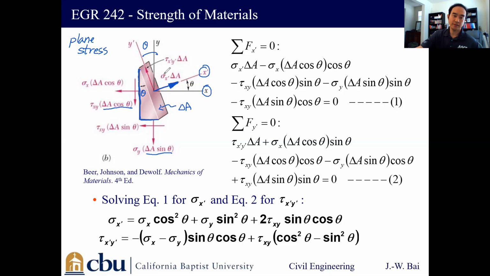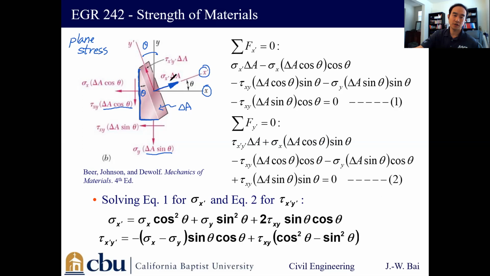So those are going to be the cross-sectional areas on each surface. So that area times each stress. This is going to be sigma x prime, because perpendicular to this surface, we define the axis as x prime.